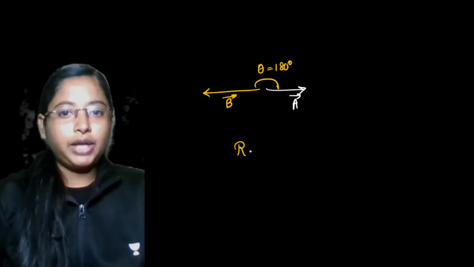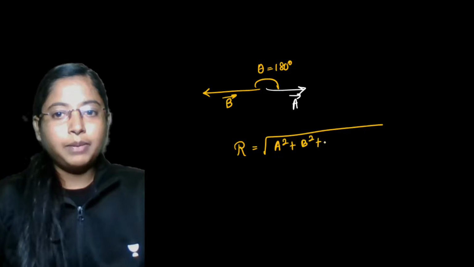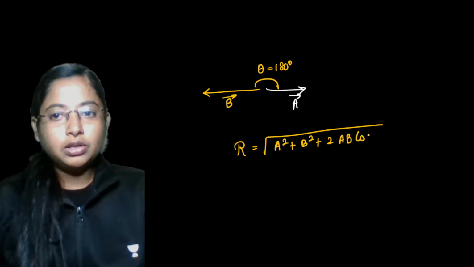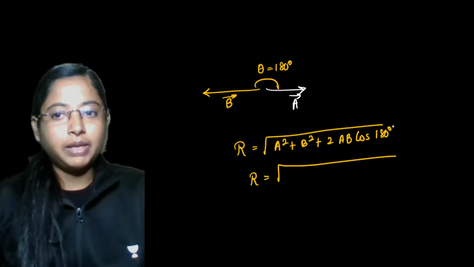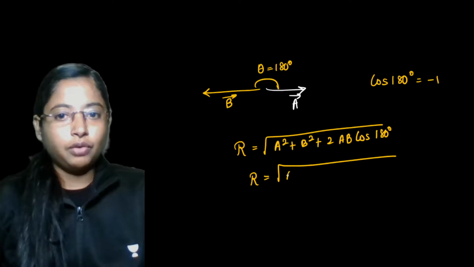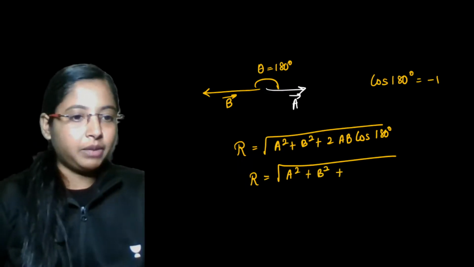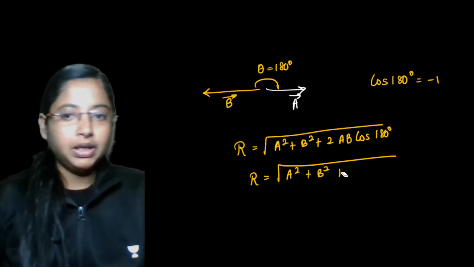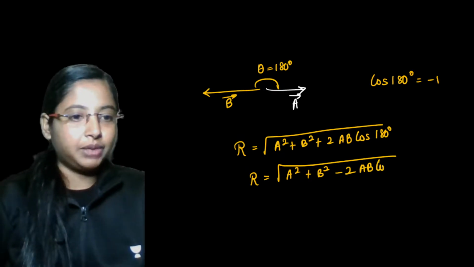Now if you take R, this is nothing but root of A square plus B square plus 2AB cos 180 degrees. Now cos 180 degrees is nothing but minus 1. So we will have A square plus B square, sorry, this will become minus 2AB, because cos 180 becomes minus 1.